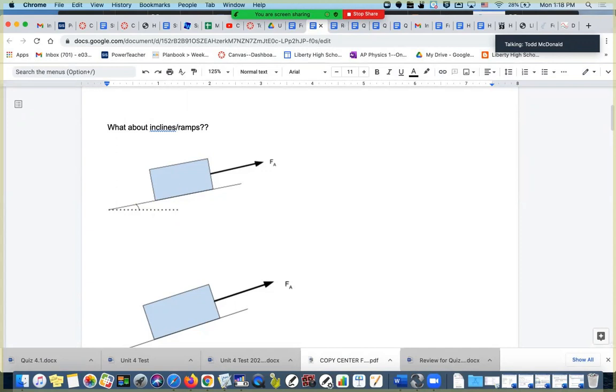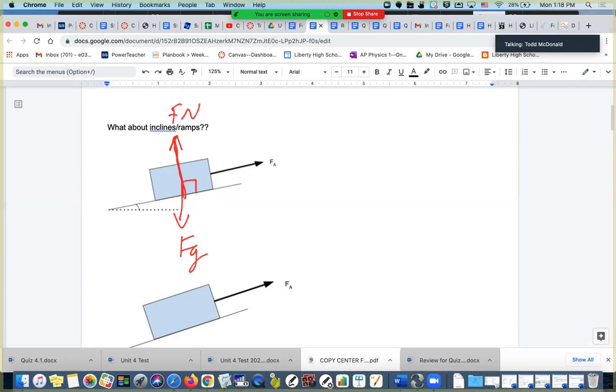If I think about what forces are acting on this box now, we do have a force of gravity straight down, right? Because force of gravity is always straight down. When we put our normal force on here, remember the normal force is always perpendicular to the surface. So our normal force is along this direction, 90 degrees to the surface.